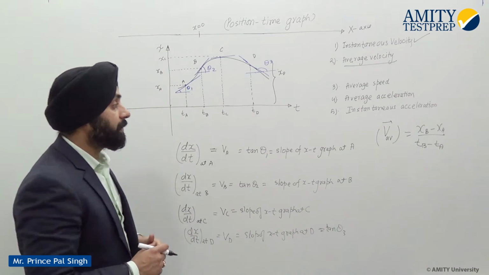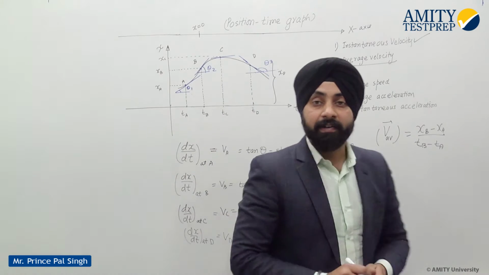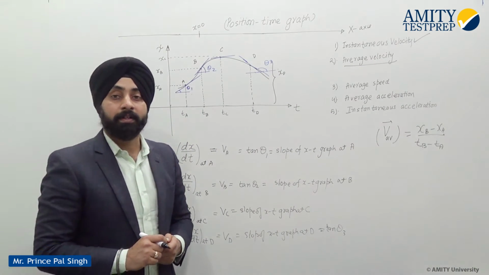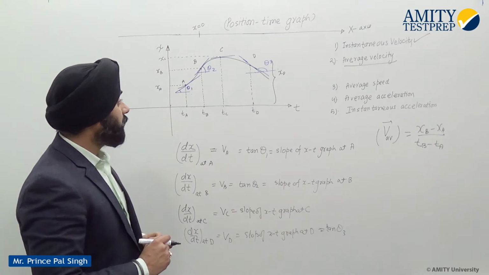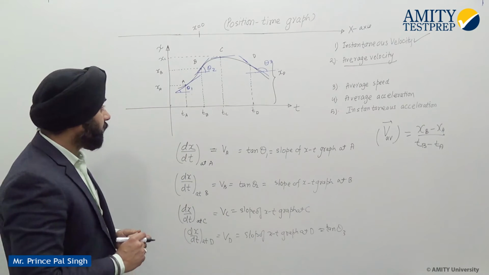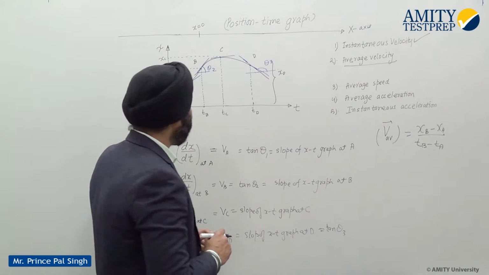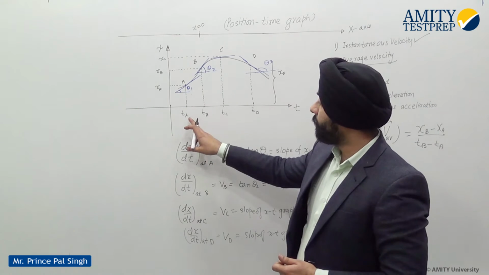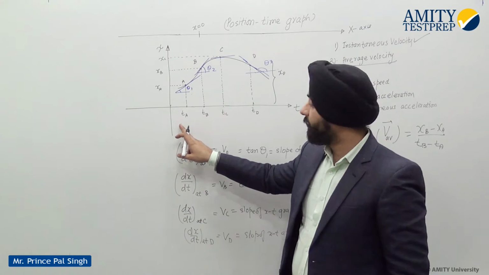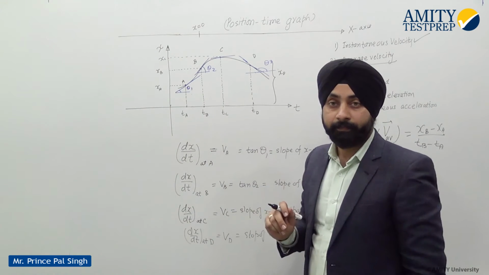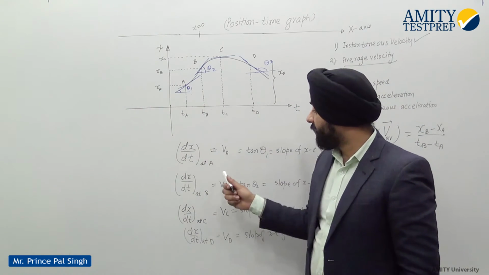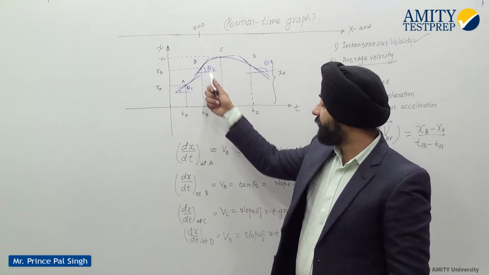We can find the average acceleration also. The average acceleration is defined as the change in velocity upon time taken. If we want to find the average acceleration from, let's say, instant TA to TB, we know that the velocity at A is VA and the velocity at B is VB.